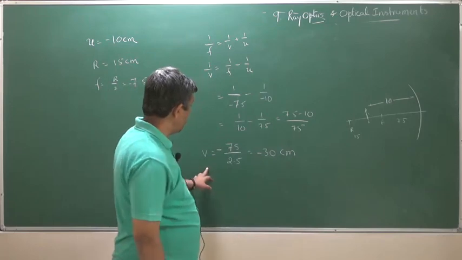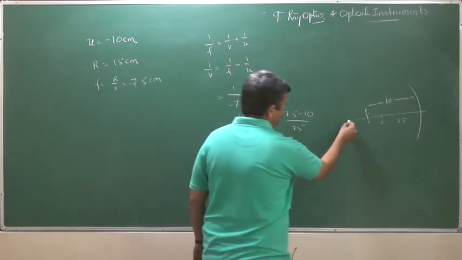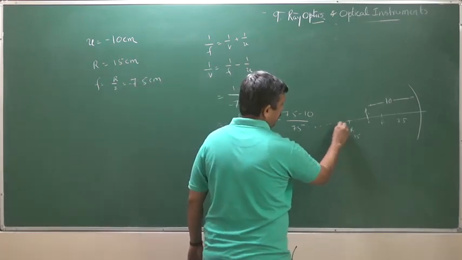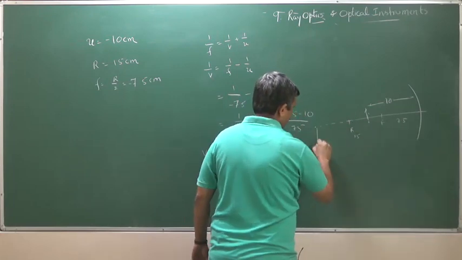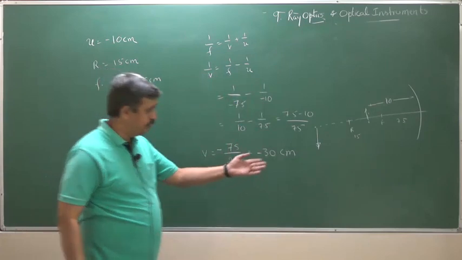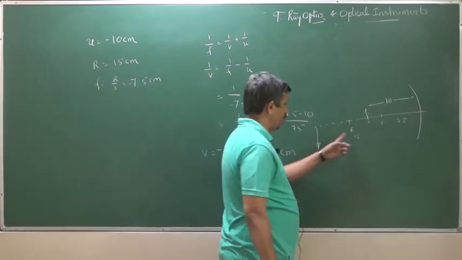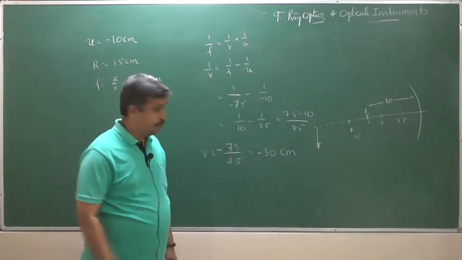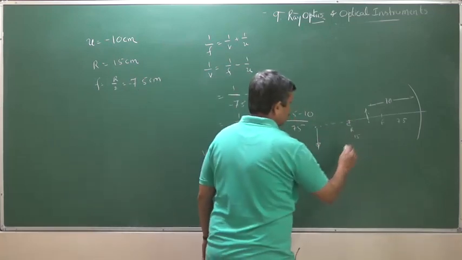The image you got is minus 30, that means somewhere on the back side, from here to 30, inverted. If the object is between r and f, the image will come beyond c. This is c.